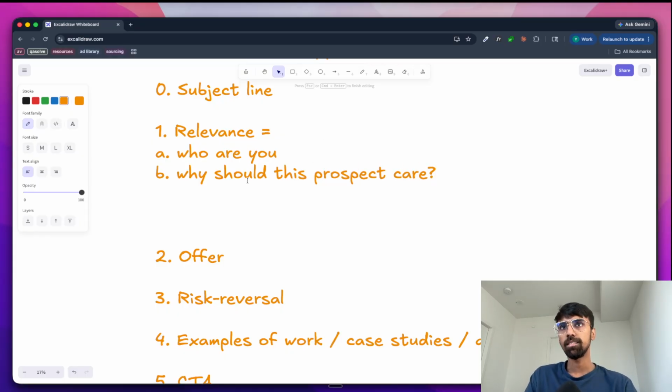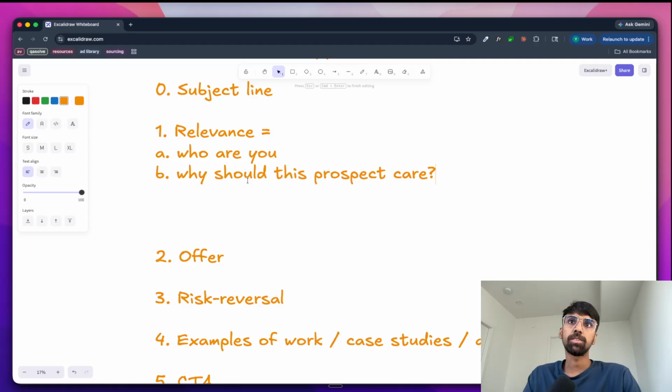Relevance can be a mixture of you personalizing the email to suit that person at that company for that specific problem, or you are talking about a certain thing that happened in that company, or a certain piece of content that you noticed from that person who you're reaching out to.